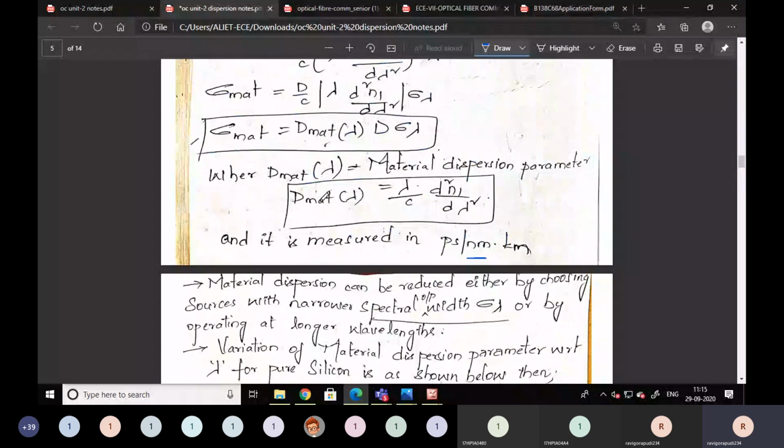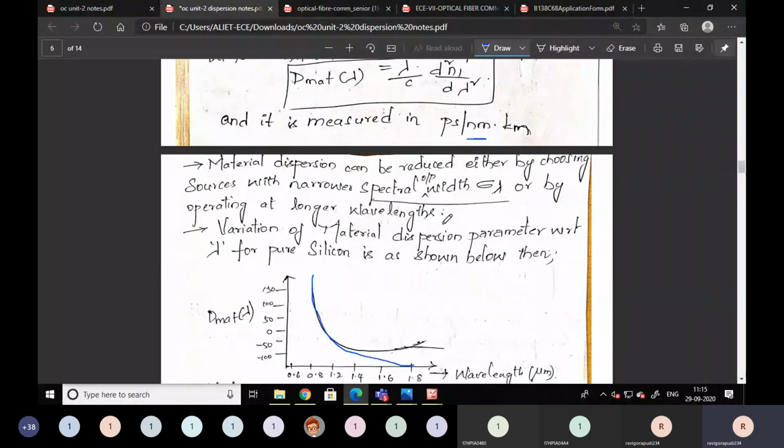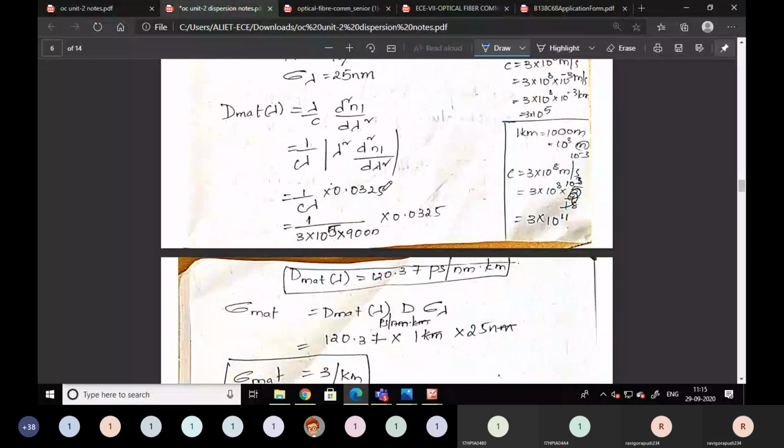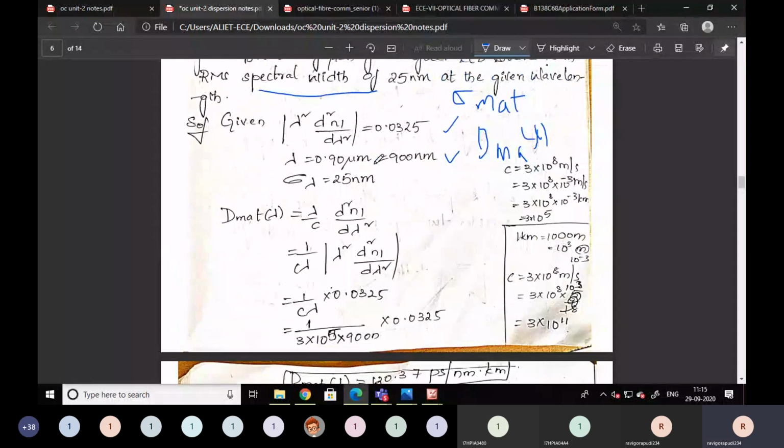We know that the material dispersion parameter D mat of lambda is equal to lambda by c into d square n1 by d lambda square. But he has given lambda square into d square n1 by d lambda square.